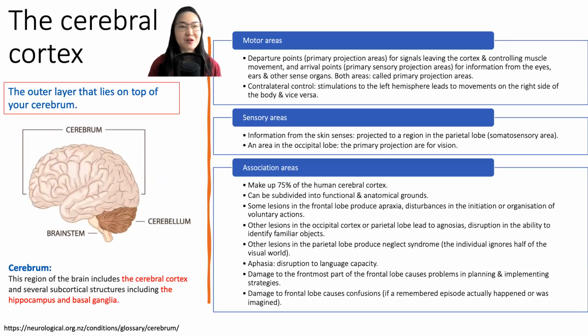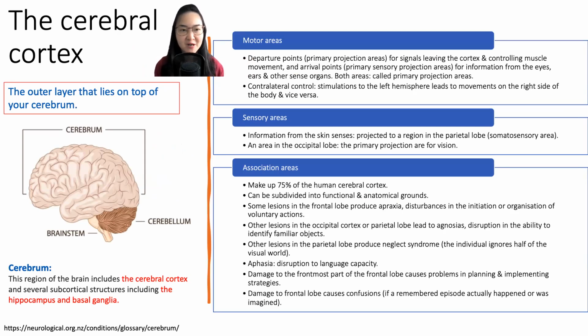The cerebral cortex, that's a very important thing here. What is the cerebral cortex? Let's look at the left side first. The cerebral cortex is the outer layer that lies on top of your cerebrum. What is the cerebrum? Let's look at the picture here. You see a brain picture.